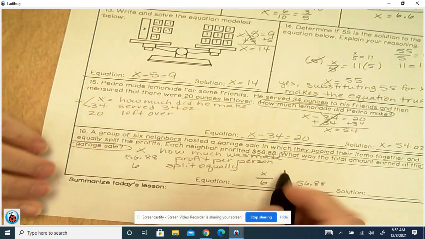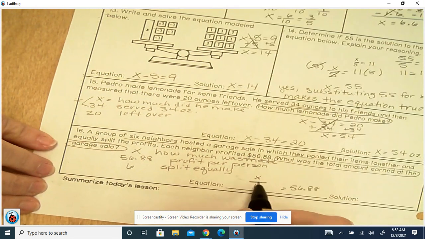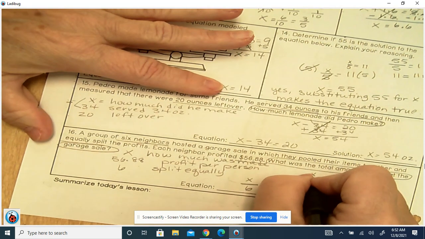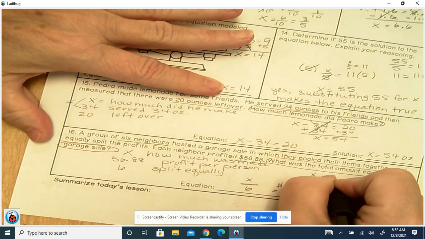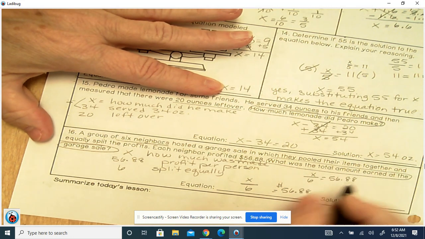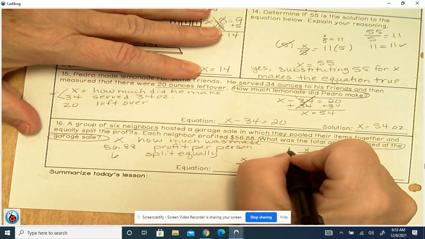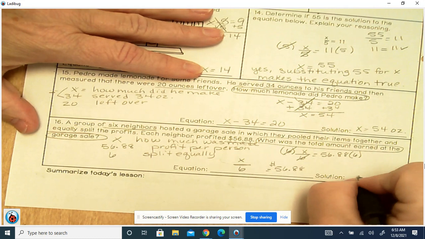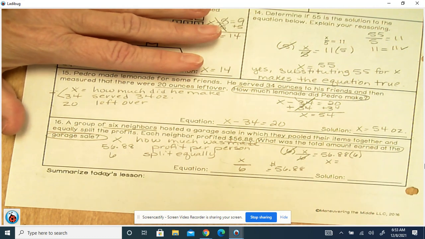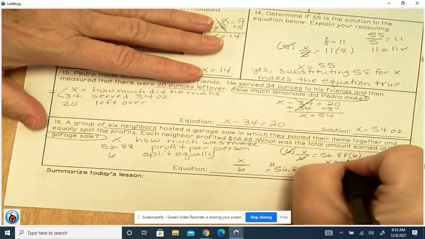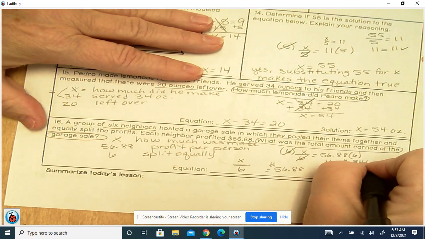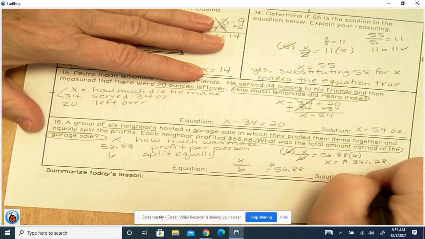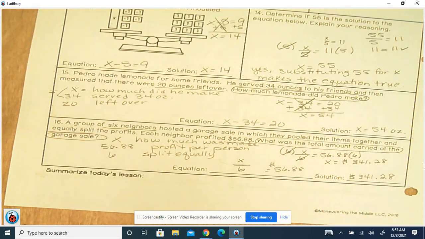So this is going to be x, how much was made altogether, divided by 6 gives each person that profit of $56.88. So we take that x divided by 6 and set it equal to $56.88. This is division, so you multiply both sides by 6. Cancel that out. And you're left with x equals $56.88 times 6, which is $341.28.